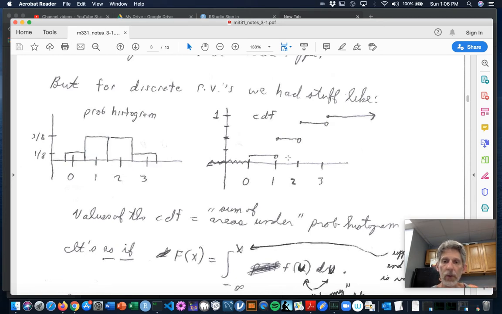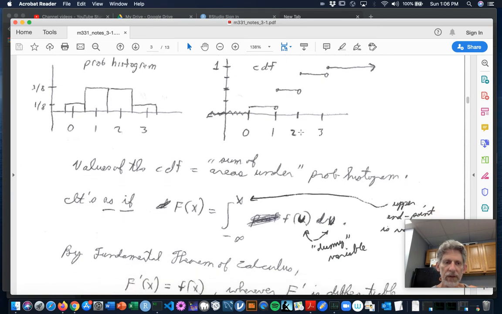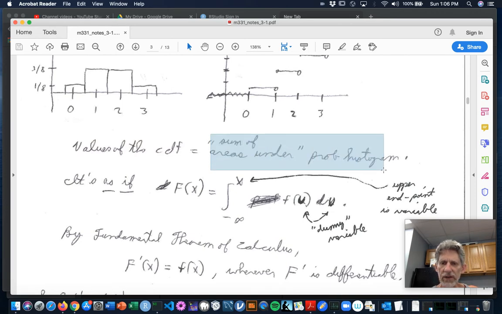It just kept going like that until it had jumped all the way up to 1, and then it stayed. So the values of the CDF were essentially sums of areas underneath the probability histogram. It's just that you weren't allowed to add on any more area until you got to another possible value.